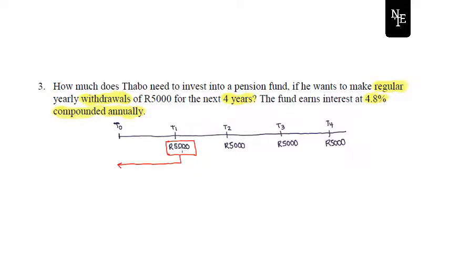Basically what you need to think about is that at the end of the first year, the money must have accumulated, sort of like the interest must have accumulated to such a point that it makes 5,000 rand that he can withdraw.